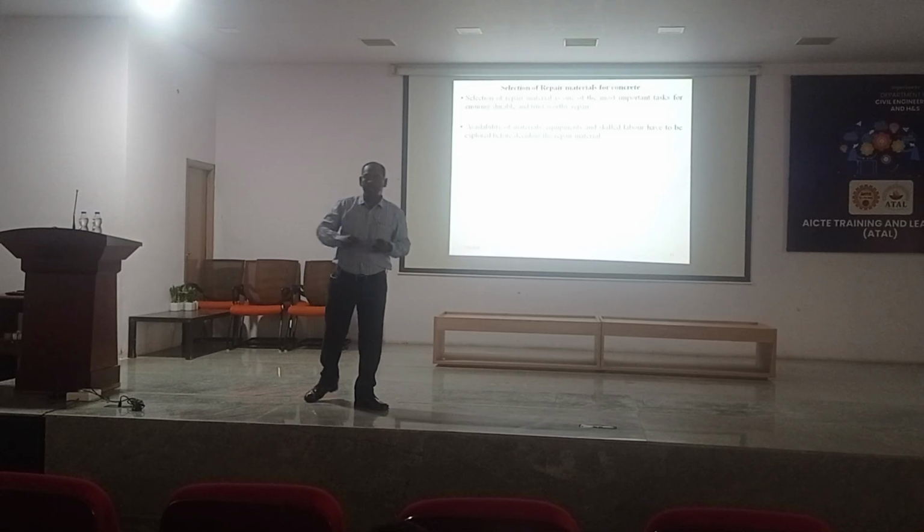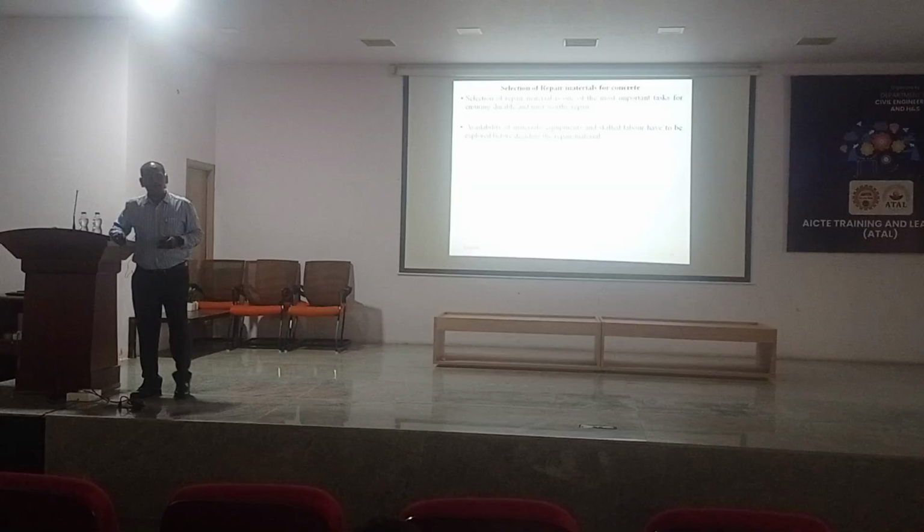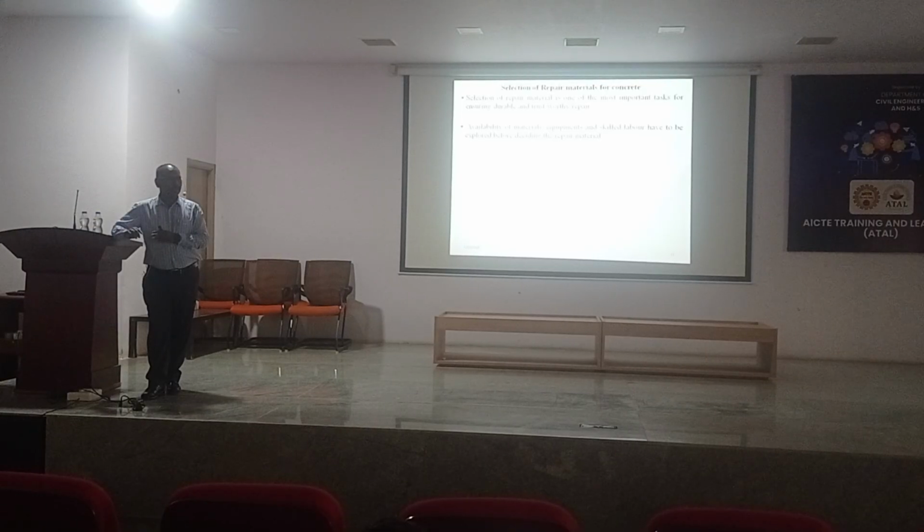Some material is available in Mumbai, but your location is Kodar, and getting that material is very costly. What are the locally available materials? Fly ash is available in Kodar. There are so many power plants available. GGBS is available, or rice husk ash is also available.